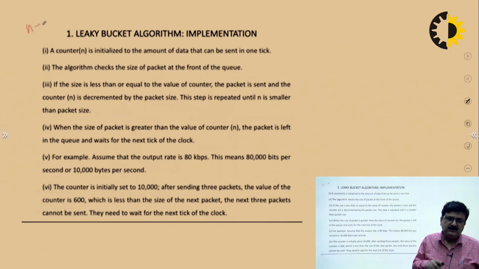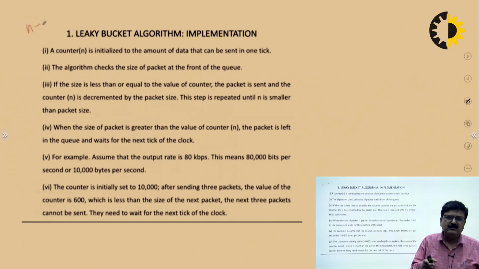If the packet size is less than or equal to the value of the counter, the packet is sent and the counter is decremented by the packet size. This step is repeated until the counter is smaller than the packet size. When the size of the packet is greater than the counter value, the packet is left in the queue and waits for the next tick.